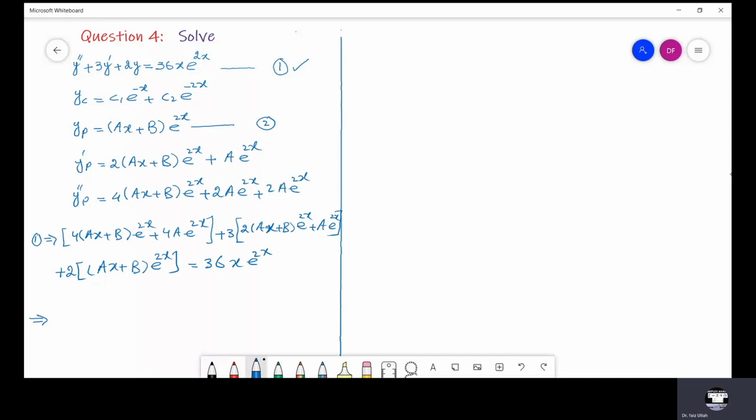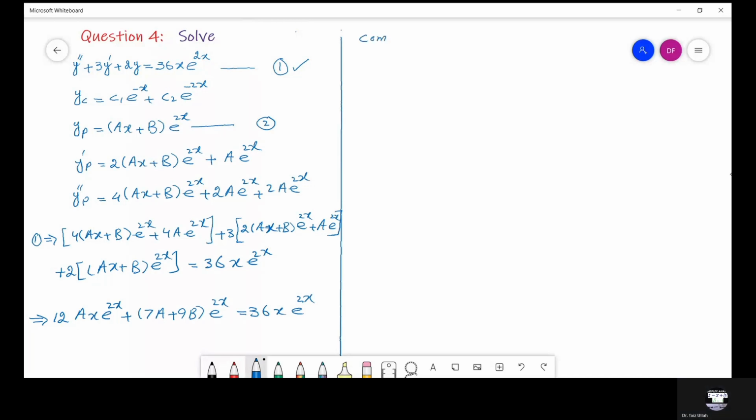So simplification will give us 12ax e power 2x plus 7a plus 9b into e power 2x is equal to 36x e power 2x.